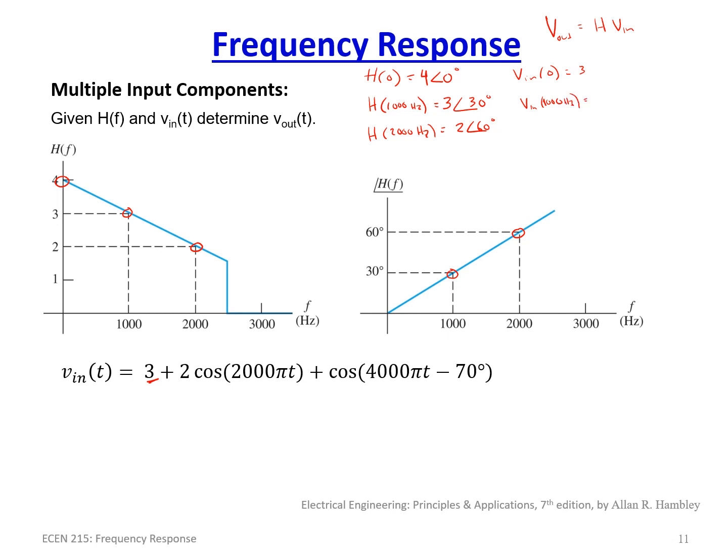And that is our 2 cosine 2000 pi t with no phase angle. So let's go ahead and write that down. Let's see here, 2 phase 0 degrees.